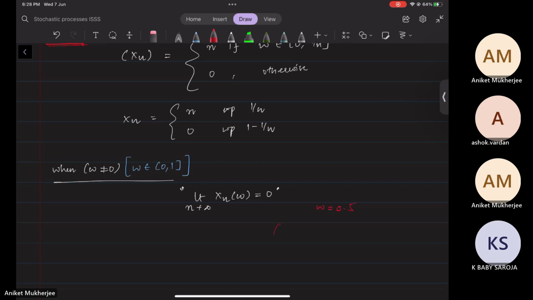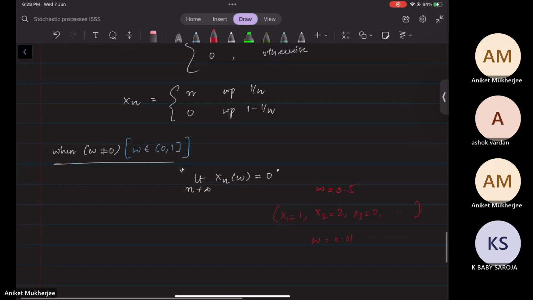Then the sequence you get is X1 would be 1, X2 would be 2, X3 would be 0, and it will go on till 0. Any omega you take which is not 0, suppose you take a very small omega equal to 0.01, which is basically 1/100. So you go till 100: X1 equal to 1, X2 equal to 2, and so on. X100 will be 100, but after that it will be all zeros.